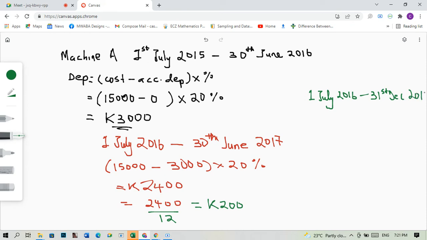We count the number of months: July, August, September, October, November, December. That's 6 months.